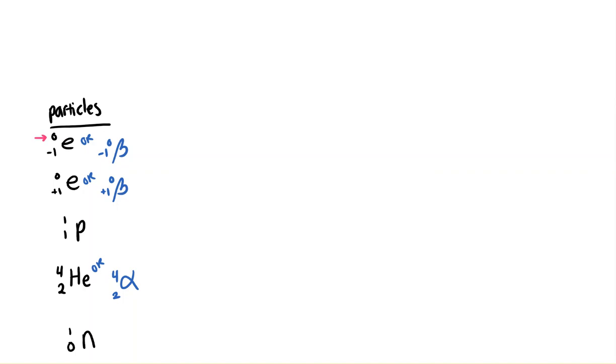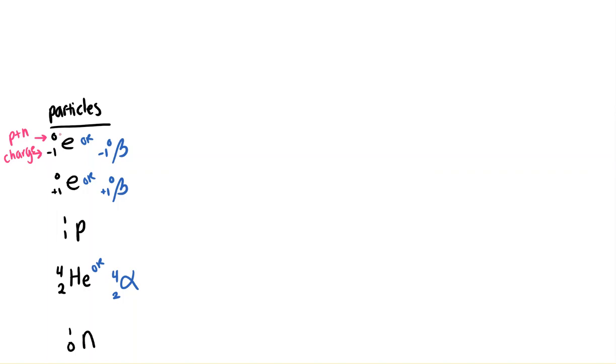The top number is the mass number. It's protons plus neutrons. And the bottom number, we usually say it's the number of protons, but we can think of it as the charge. Technically it's the nuclear charge, but that will help you get these numbers.